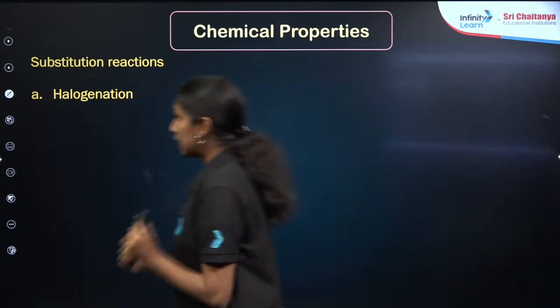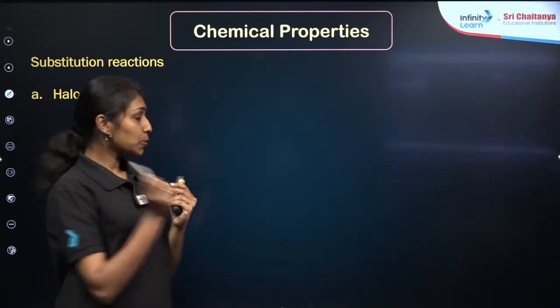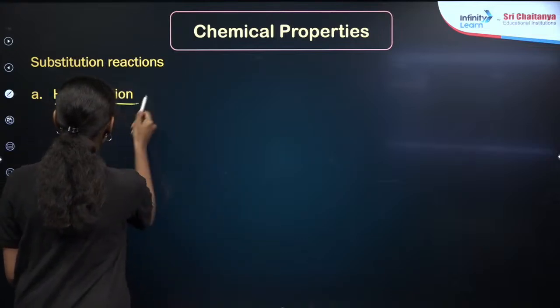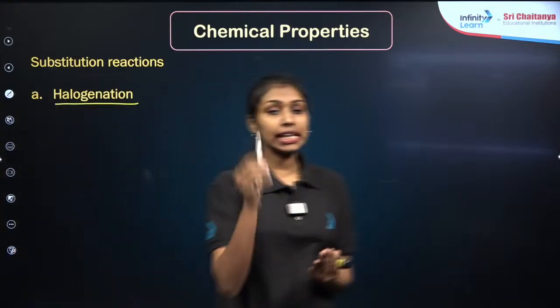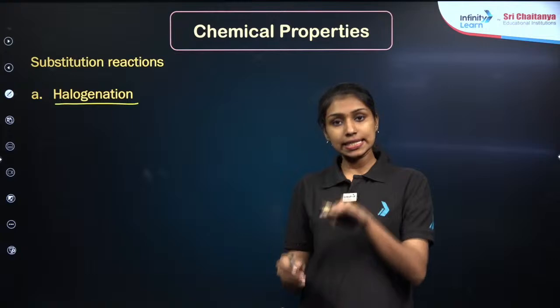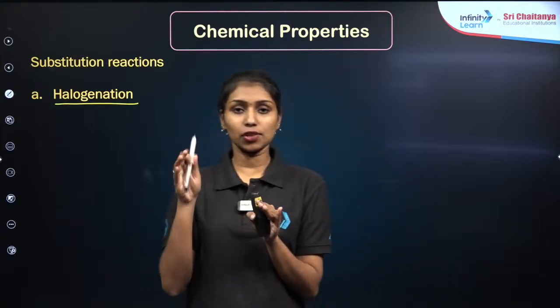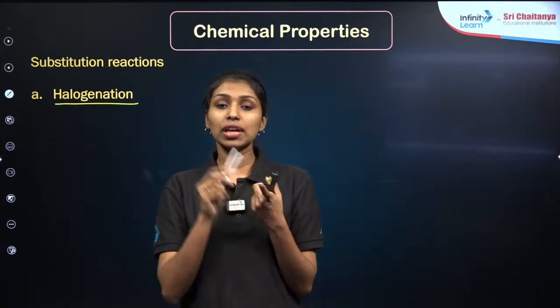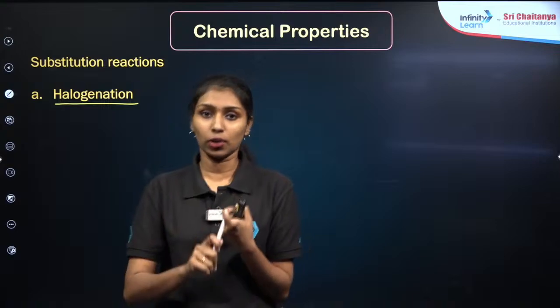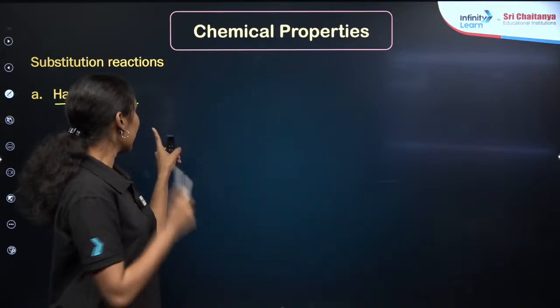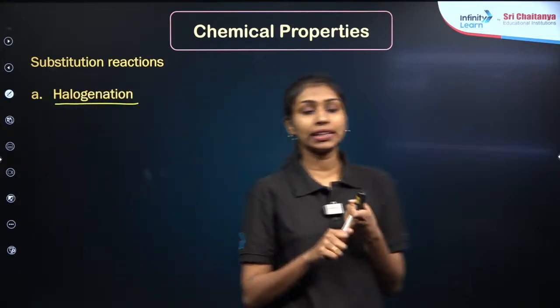In substitution reactions, we start with halogenation, which means that in alkanes, any of the hydrogen will be substituted by a chlorine atom. So this is a substitution reaction in which a hydrogen atom is substituted by a halogen.